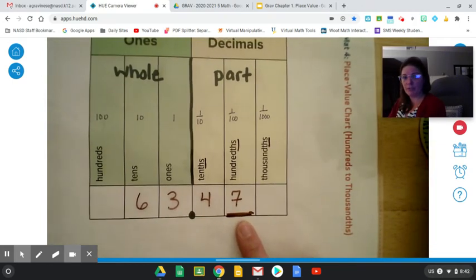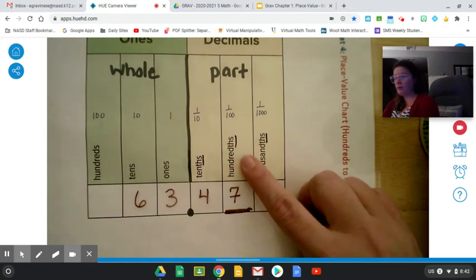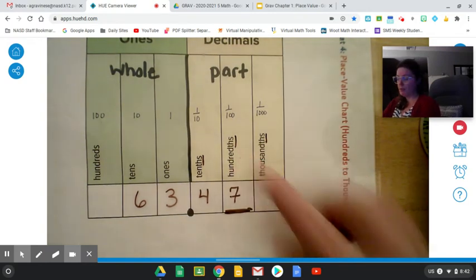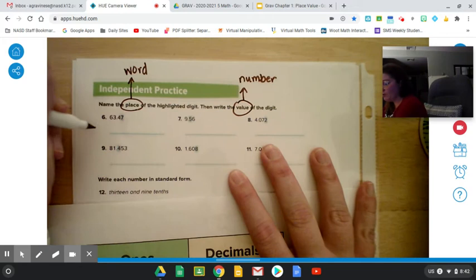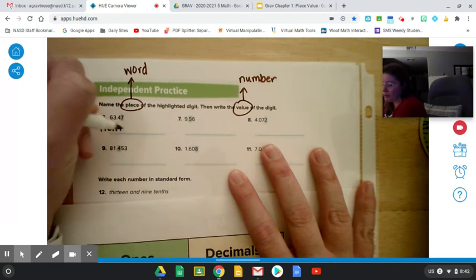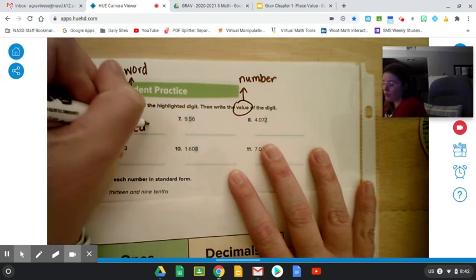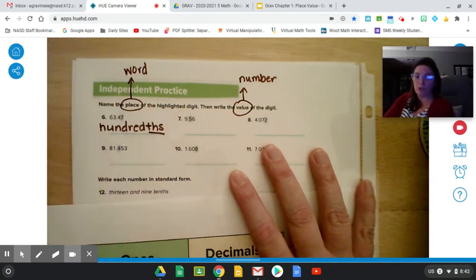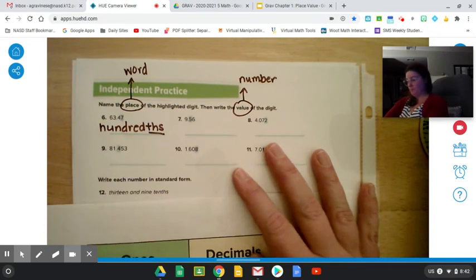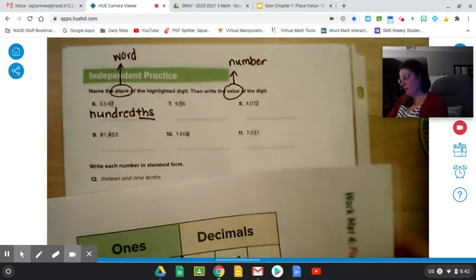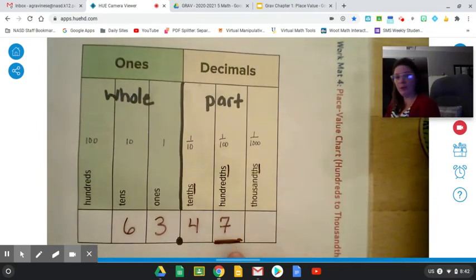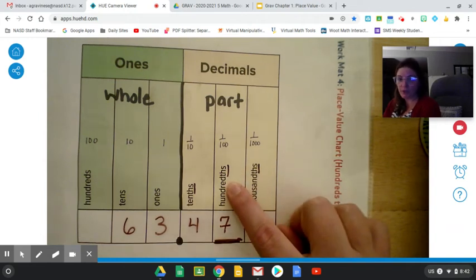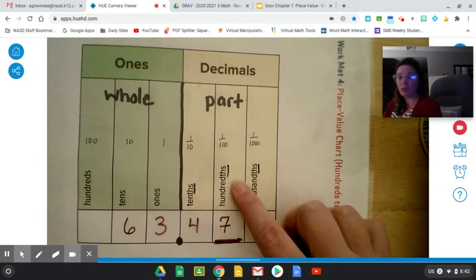So what's the place of the 7? The hundredths. So let's write that on our paper. It's the hundredths. Make sure you have your THS at the end of that word to show that it is a decimal place. And what's the value?